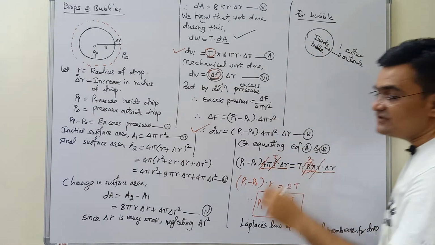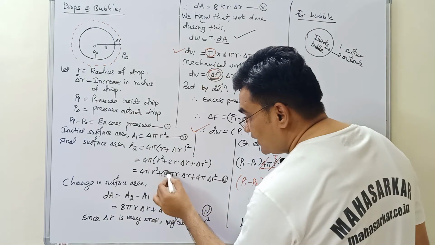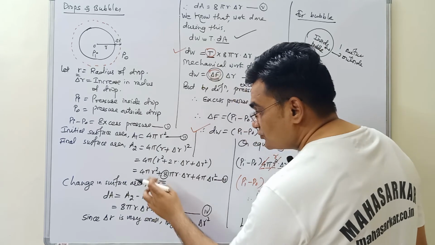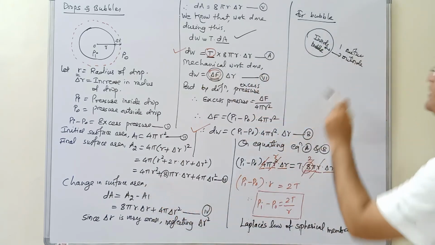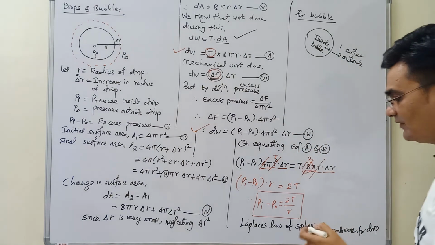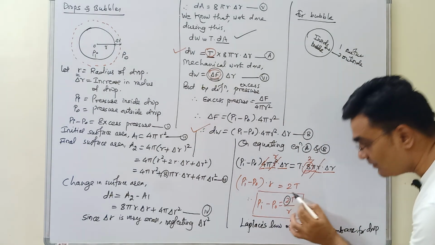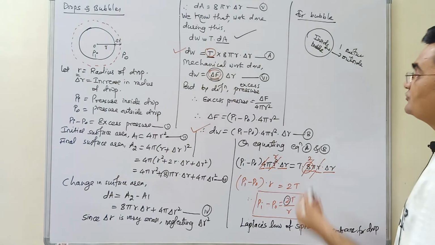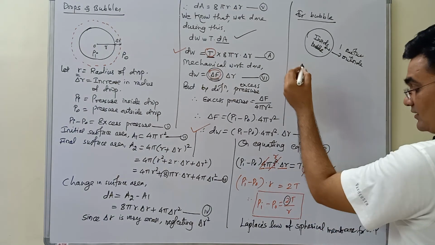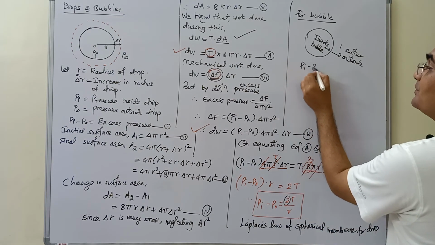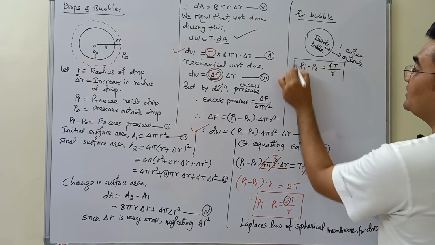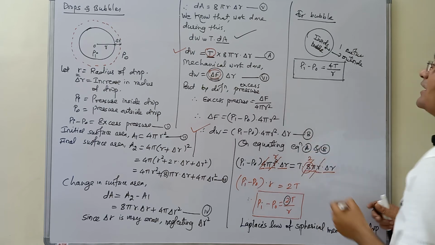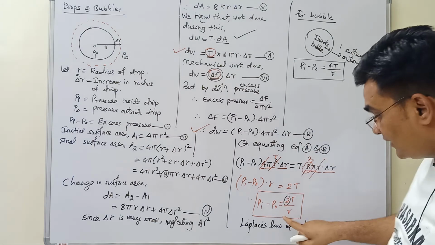So this change in the surface area, here instead of 8 it will be 2 times. So when I multiply it will be 16, and the initial surface area will be 8. So in very simple words, this 2 for bubble will be 2 times. So for bubble I will write Pi minus Po equals 4T upon R. This will be the formula to find excess pressure inside a drop.